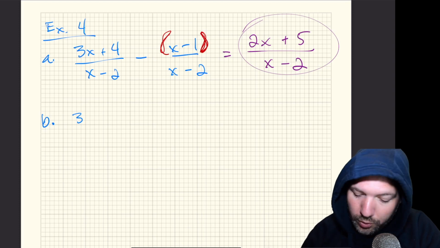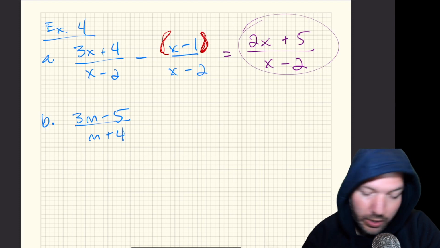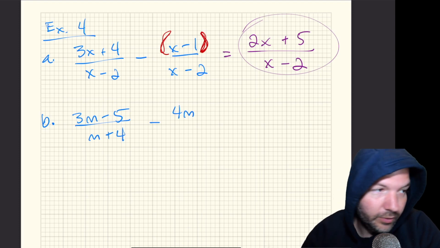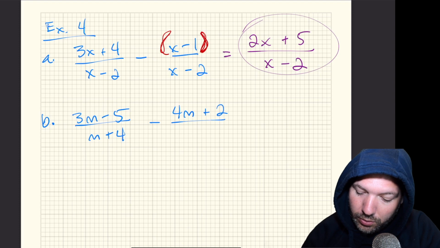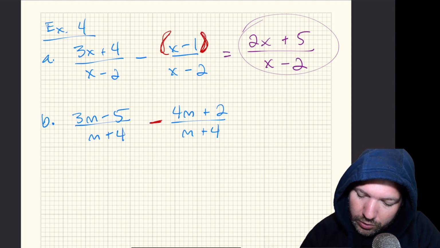On example 4b, we have 3m minus 5 divided by m plus 4, and we are subtracting 4m plus 2 divided by m plus 4. So first things first, again, I am subtracting. I want to remember to subtract everything.